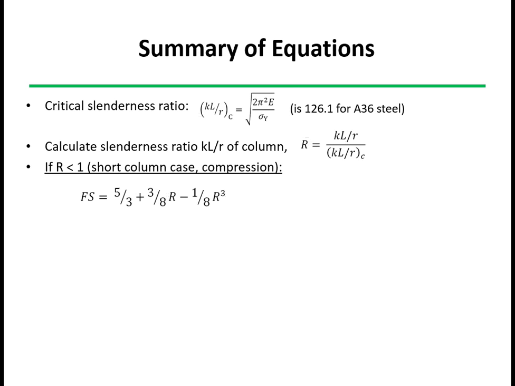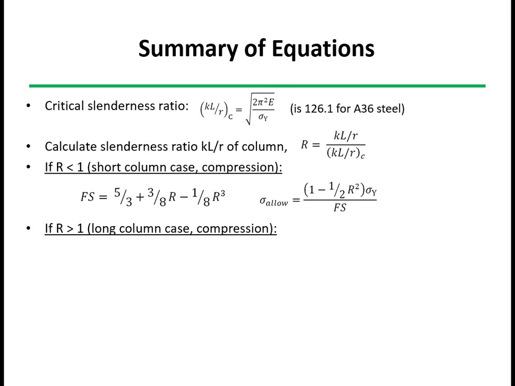You can see it's based on the value of R. And at the very minimum, if R is close to 0, then our factor of safety is 5/3, 1.67. And if it's at the critical value, it'll end up being the 1.92, same that you see for long columns. Once you know the factor of safety, you can calculate the allowable by this formula, which is the equation of that parabola with the factor of safety applied.